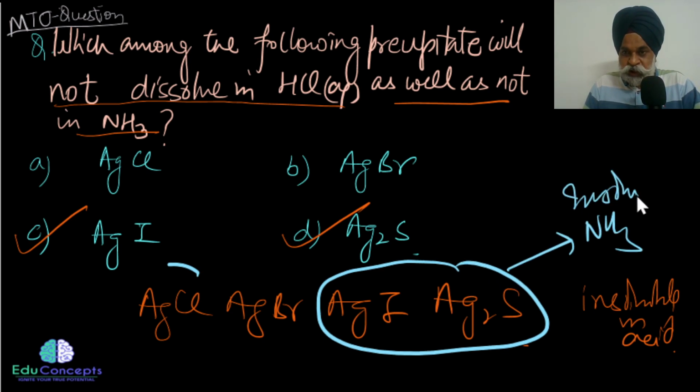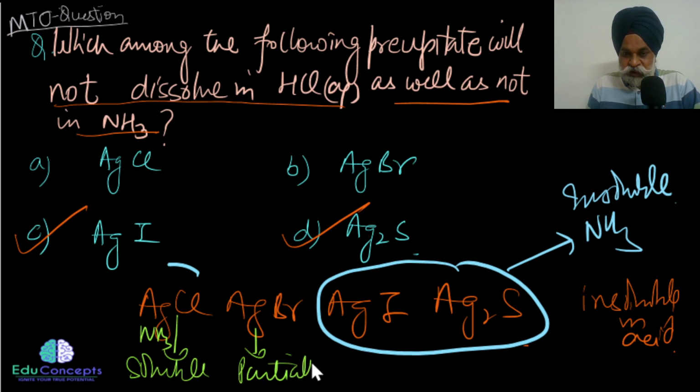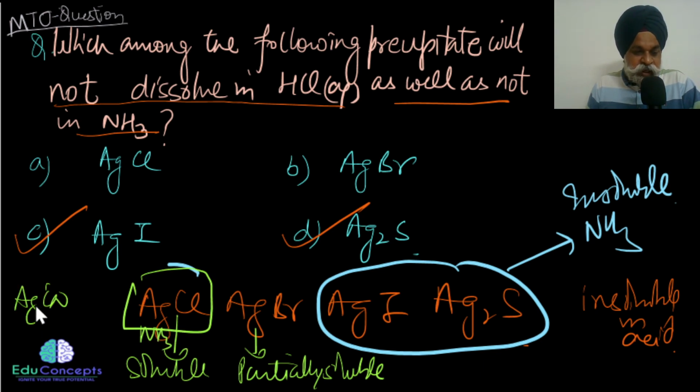I stated this 2-3 times, and this is soluble in ammonia. For AgBr we generally say it is partially soluble, so they would not ask this question. But AgCl is definitely soluble in ammonia as a water soluble complex. So this you always have to remember.